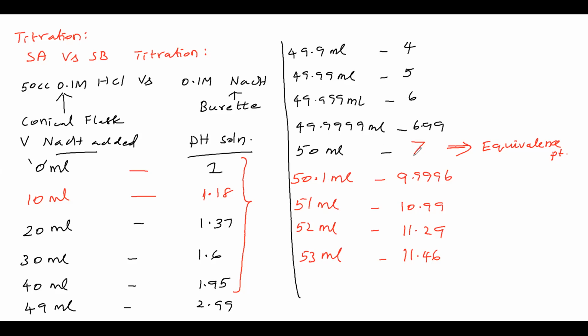In the sense, how much pH rise do you see here? 0.9, that means nearly 3. Here we are adding some more, so you see the pH rise here. That means we have crossed the equivalence point.